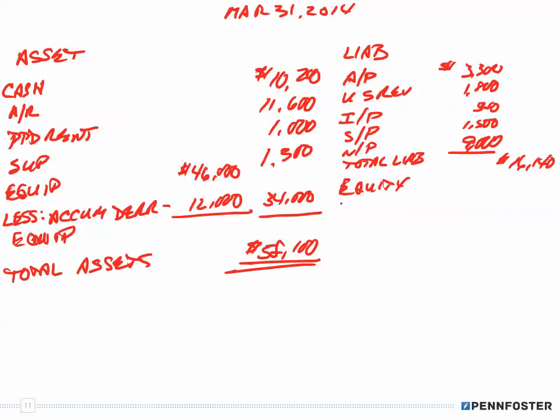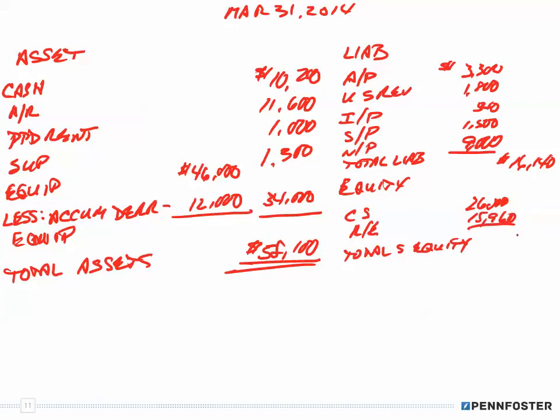Okay. All right. So for equity, we have common stock, retained earnings, and then we have total stockholders' equity. And again, I would be using multi-step. So it's 26,000 and 15,960.